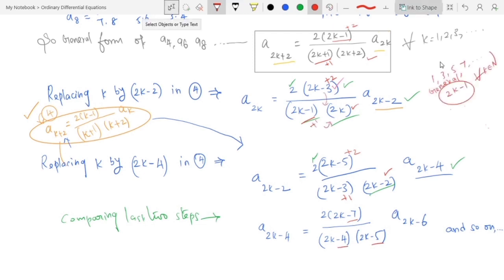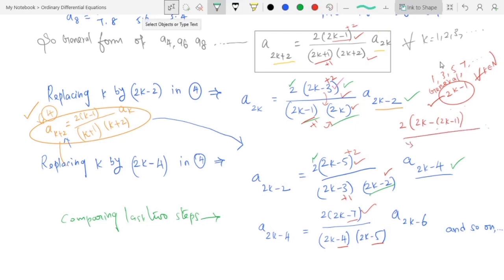Now it's time for you. As with 1, 3, 5, 7, you have to write it for the general case: 2k minus 1, that is 2 into 2k minus of 2k minus 1 instead of 1, 3, 5, 7 and so on, whole divided by what comes here.